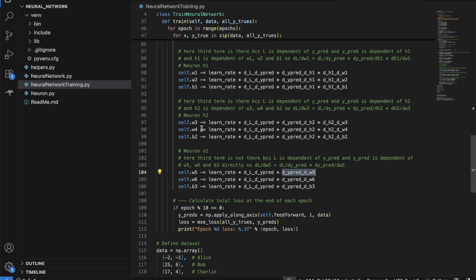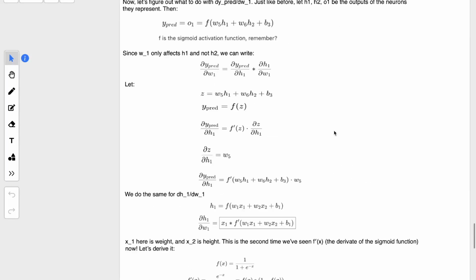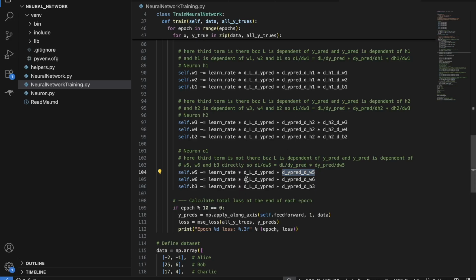But for W3 and W4, we have to go one more step back, right? Because the output prediction depends on the hidden layer, and then the hidden layer depends on W1. But in the case of W5, the output directly depends on W5. That is why the number of terms written here to calculate the loss derivative is less.